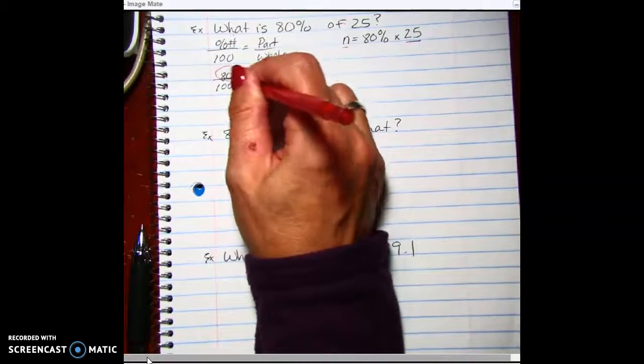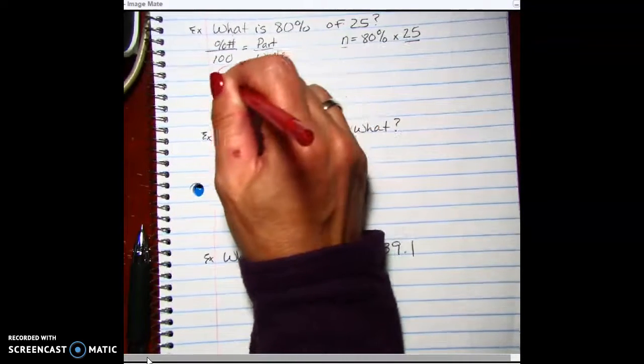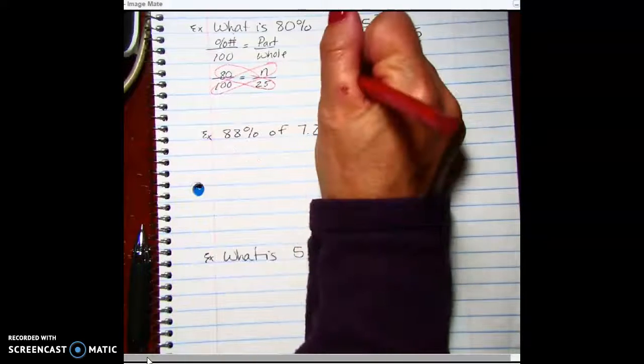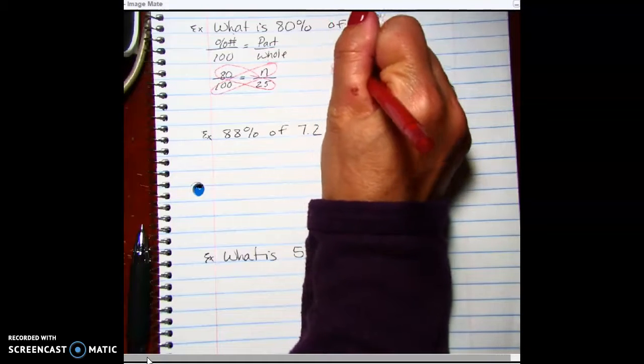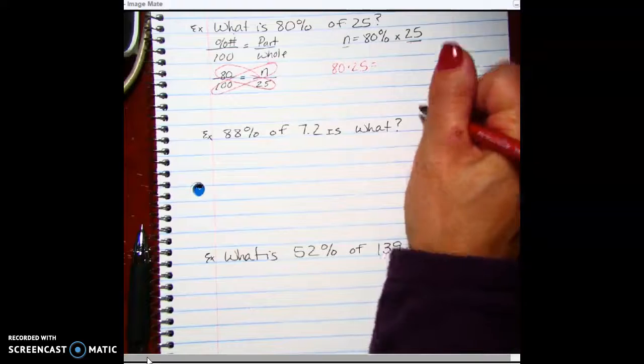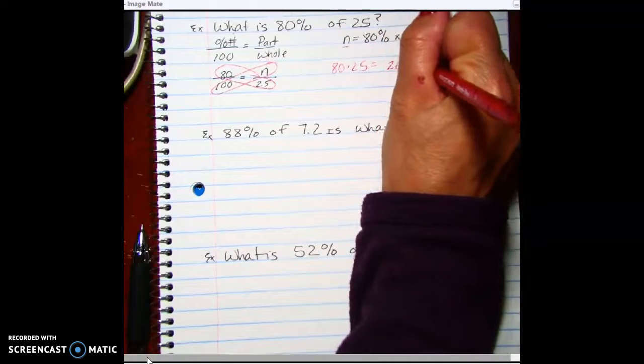And now I need to cross multiply. One thing I'm always going to do is multiply the numbers without the variable, then the numbers with the variable. So I have 80 times 25, which is 2,000.